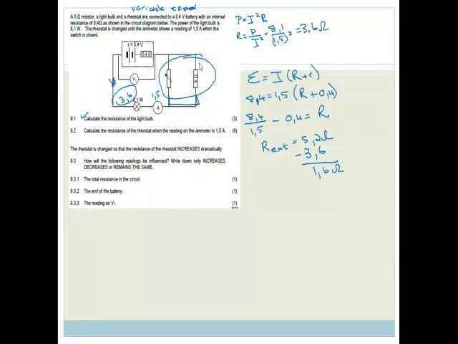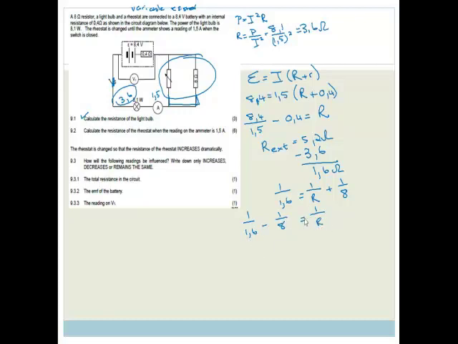So therefore, we can say that 1 over 1.6 is equal to 1 over the rheostat plus 1 over 8. So 1 over 1.6 minus 1 over 8 is equal to 1 over the rheostat.